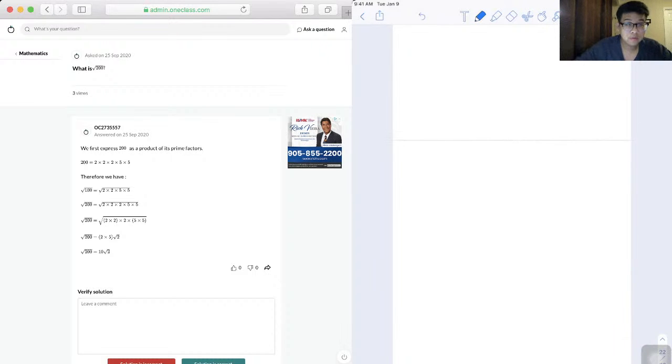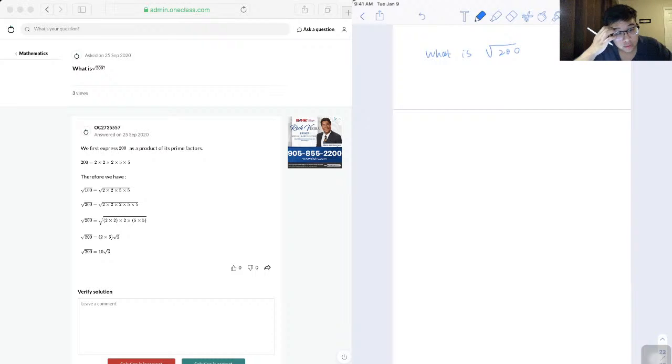Okay. So coming up, we have: what is root 200? In other words, we just need to do the prime factorization of 200.